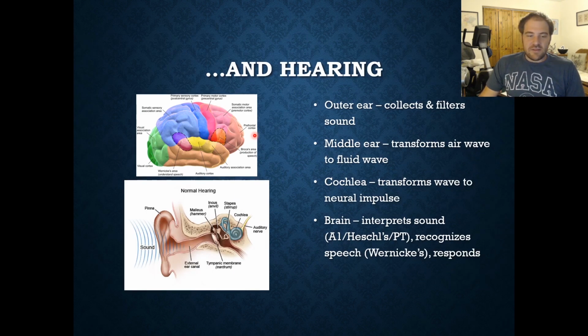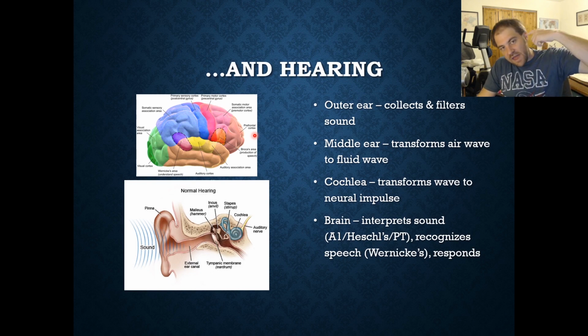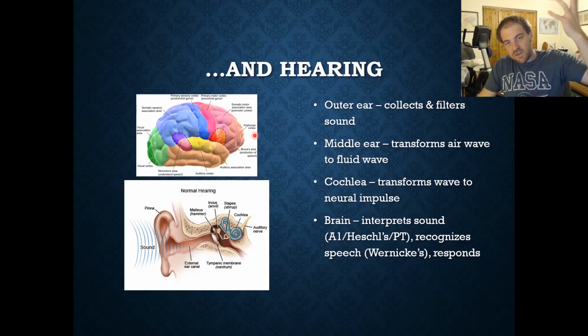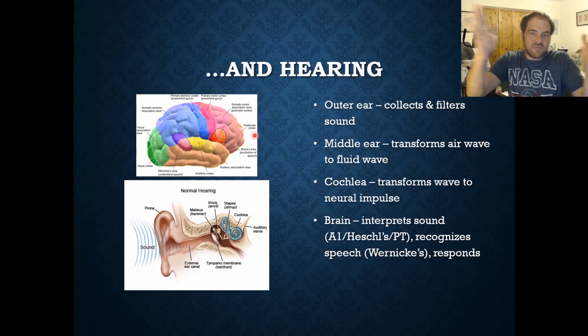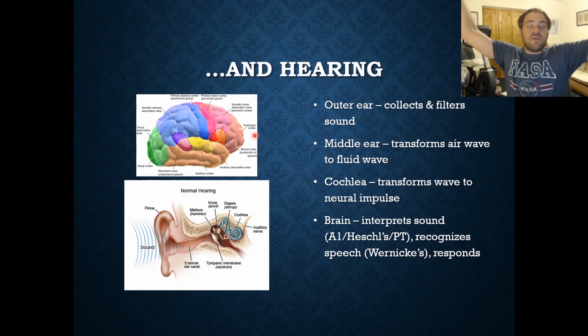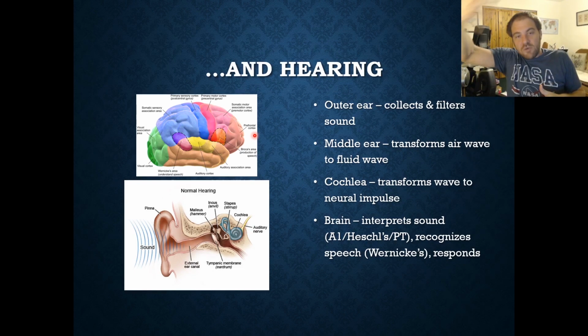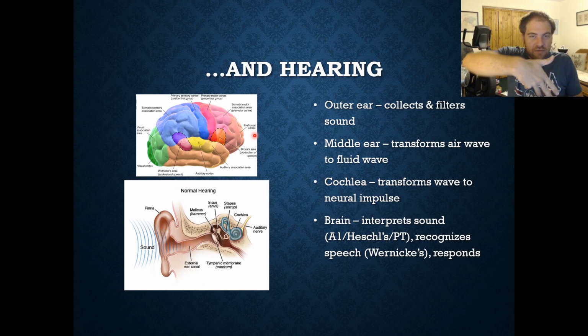And then we also are going to talk about hearing. What's necessary for hearing? Well, the outer ear, which is what kind of collects the sound. The middle ear transforms it from a wave out in the air to a fluid wave. The cochlea then transforms that fluid wave into a neural signal. That's in the inner ear.